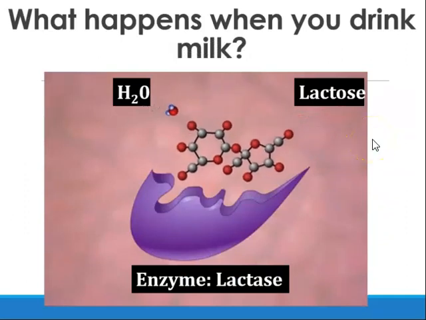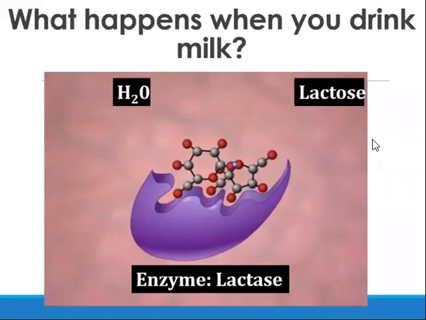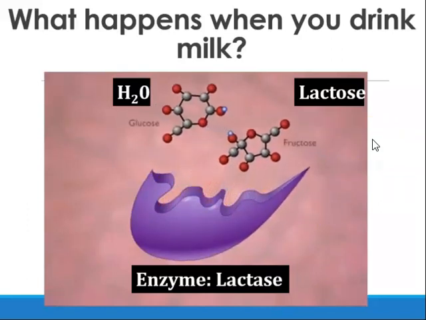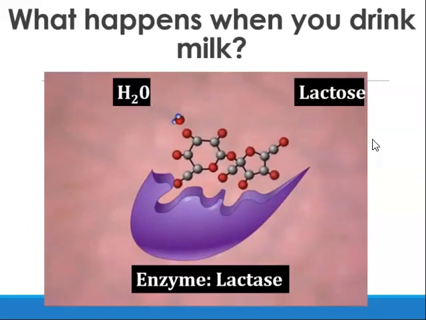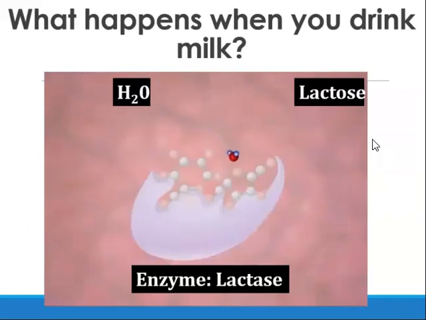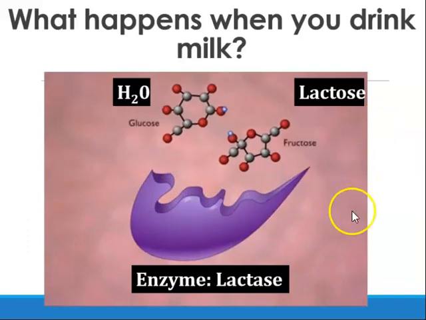So now what happens when you drink milk? Again, we have the enzyme lactase, which allows for the hydration reaction of lactose to be broken down into its monosaccharides, galactose and glucose.